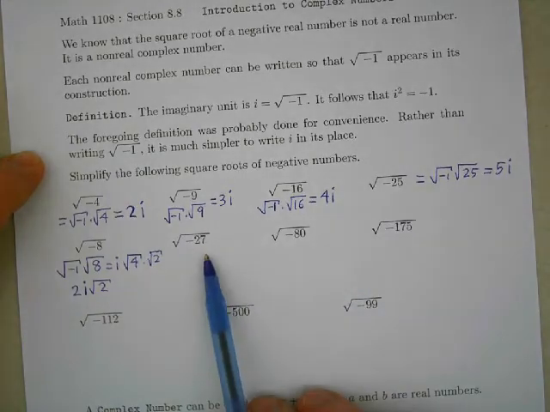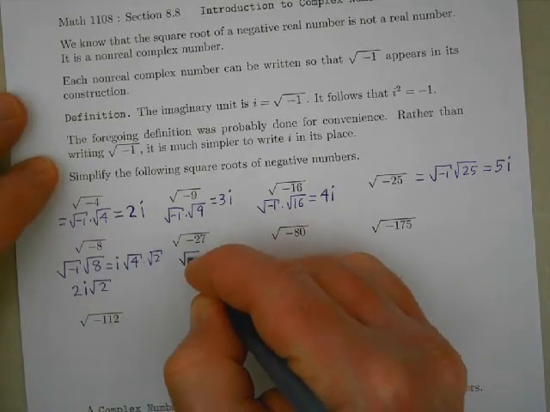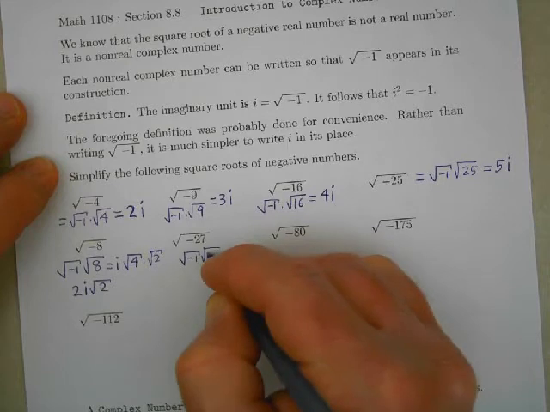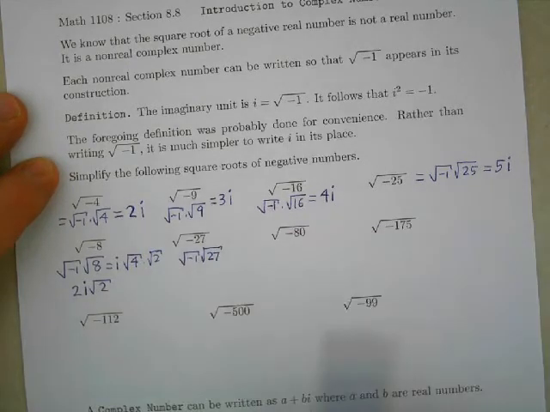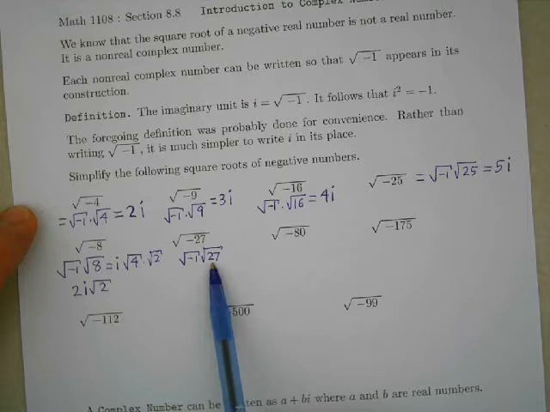Okay, the next one, the square root of -27. First, let's write it as the square root of -1 times the square root of 27. 27 is not a perfect square, but we can simplify the square root of 27. The largest factor of 27 that's a perfect square is 9. 9 times 3 is 27.